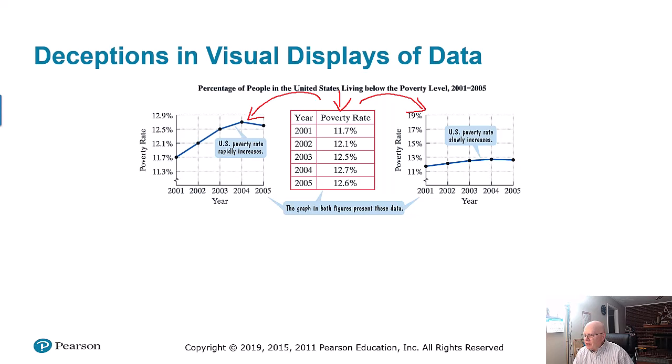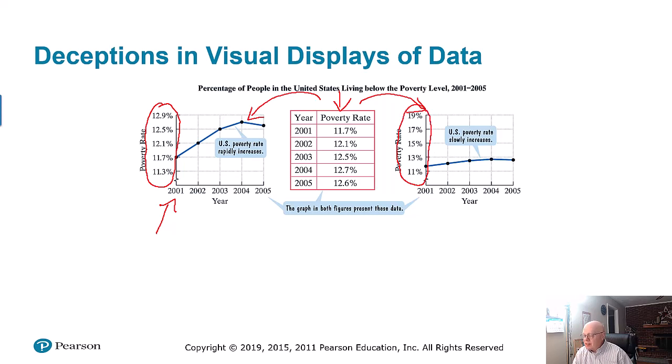The graph on the left makes it look as though there was a steep increase and then a slight decrease the last year. The one on the right, which is done a little bit differently, looks like it's pretty much flat. Nothing much happens, not much of an increase. And the reason it looks that way is if you look on the left here for the Y units, the Y units go up in different steps.